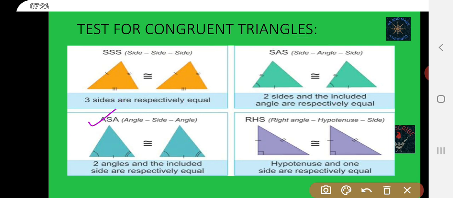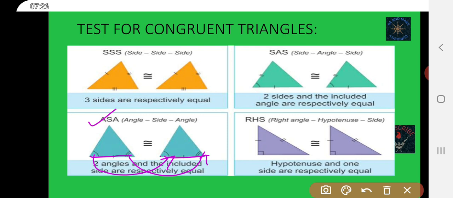Now you come to ASA, angle, side, angle. So here you see two corresponding angles are equal. This angle corresponds to this and this angle corresponds to this, and they are equal, and the included side is also equal.